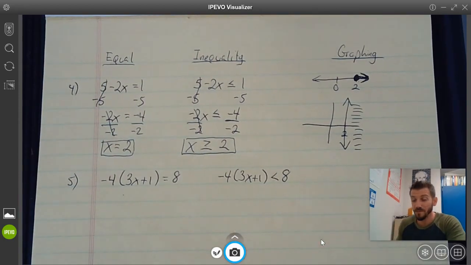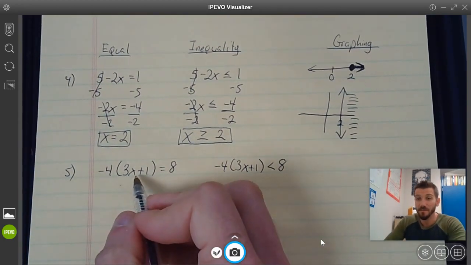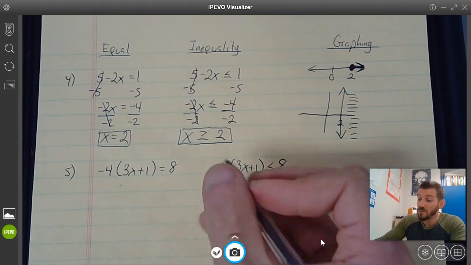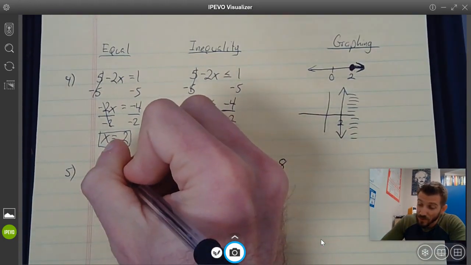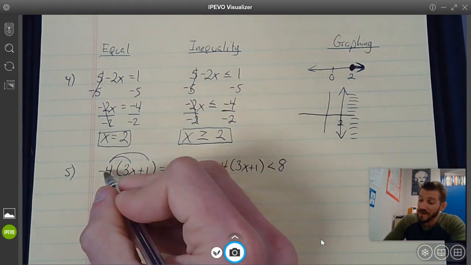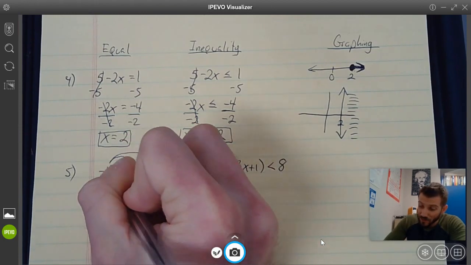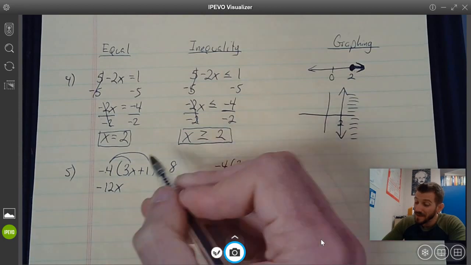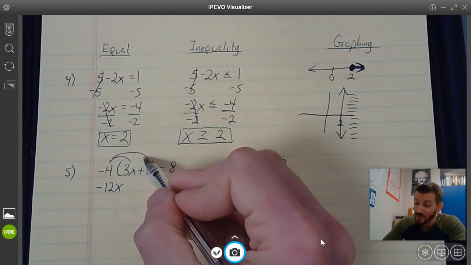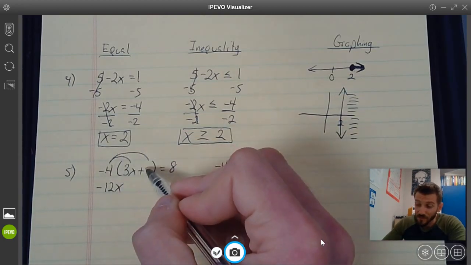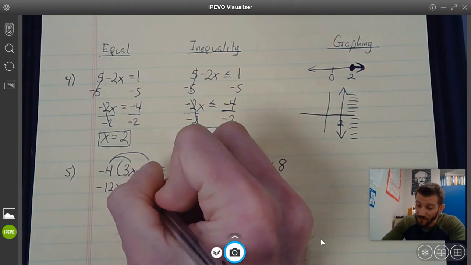All right. So whenever you see a number and a parenthesis, that implies that we need to distribute. So when we distribute, remember that's multiplication. So negative 4 times 3x is negative 12x. And remember, this is also multiplication. Negative 4 times positive 1 is negative 4.